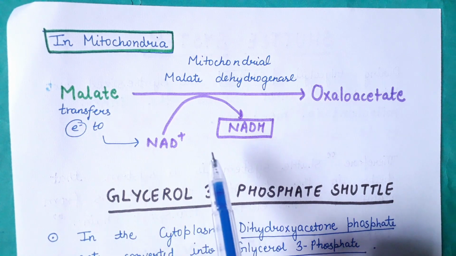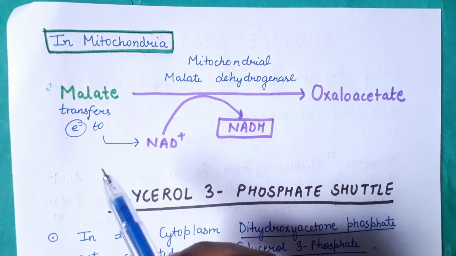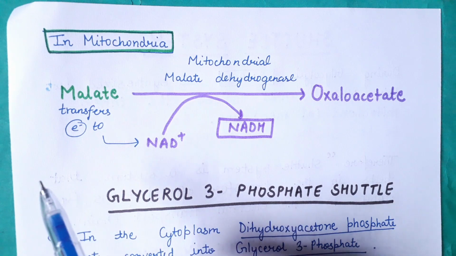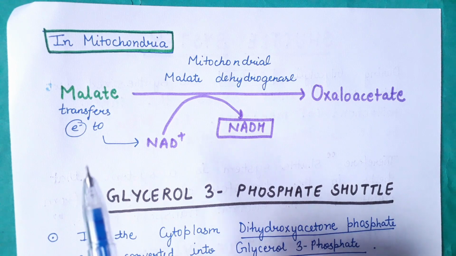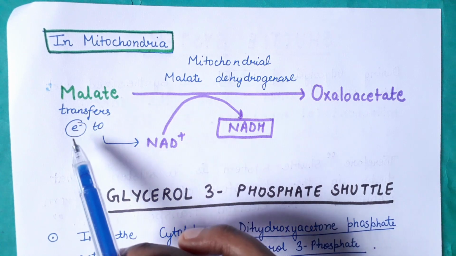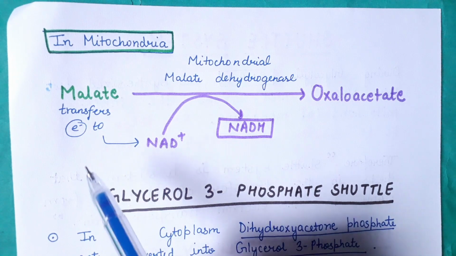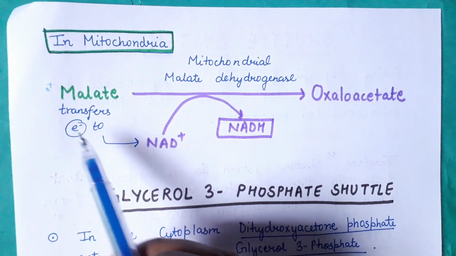So in this way NADH transfers its electrons to the oxaloacetate, and the oxaloacetate gets converted into malate in the cytoplasm. That malate carrying the electrons crosses the mitochondrial membrane. These are carried by means of special proteins into the mitochondria.